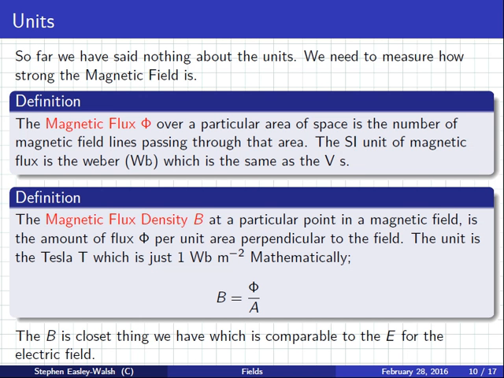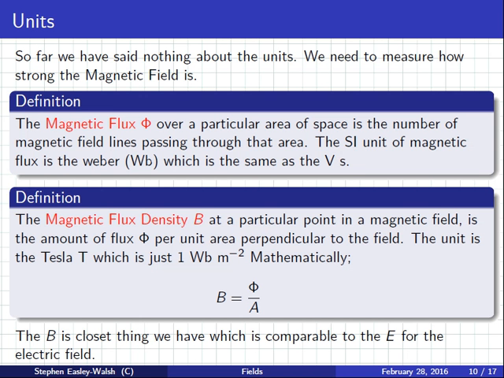And it's important to note that it depends where you are in the magnetic field. So for example, if here's my magnet, and here is my north, and here's my south, the magnetic field is going around like this.